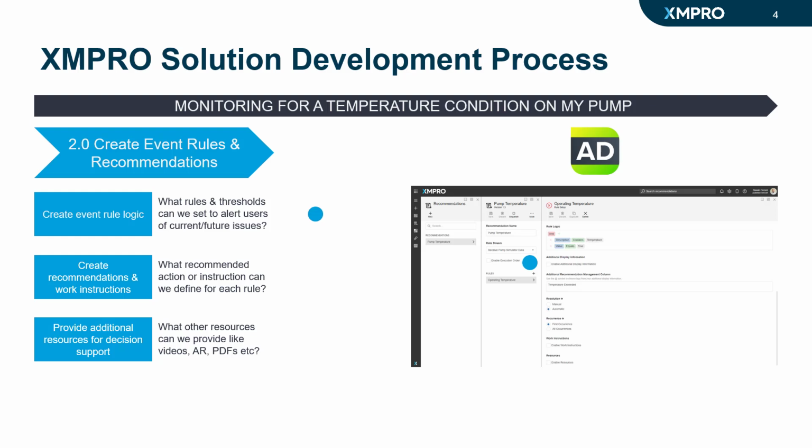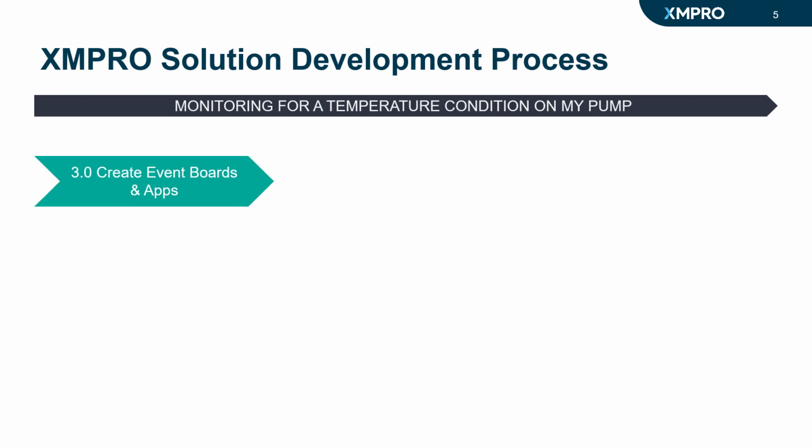So what rules and thresholds do we want to actually configure? What recommended actions, where do we do that, and how do we actually provide additional resources, videos, engineering test procedures, etc. Again, step 1 is to create a data stream. Step 2 is to create the event rules and recommendations. Step 1 is done in the data stream designer. Step 2 is done in the application designer, and that moves us on to step 3.